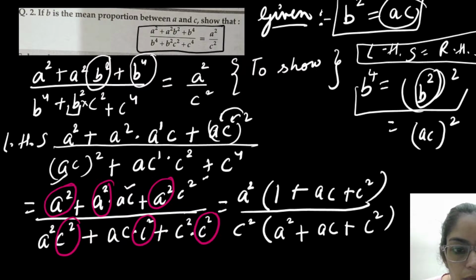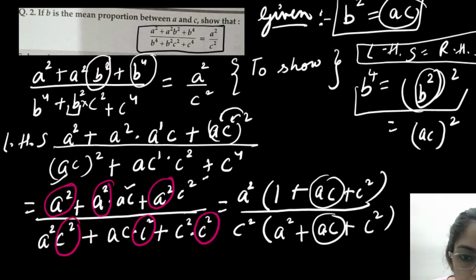Then b to the power 4, b square c square. Did we miss out anything? Here in place of AC we can again write b square, but no need.